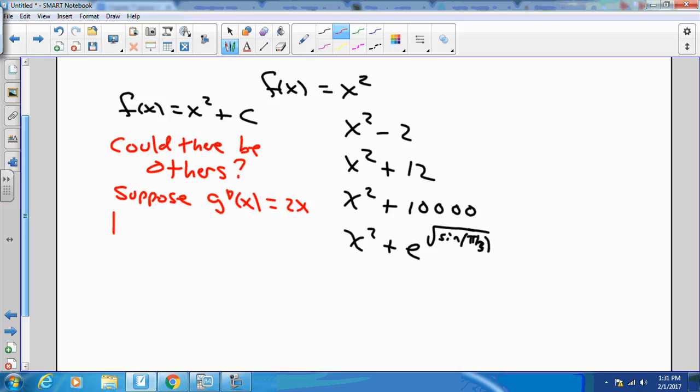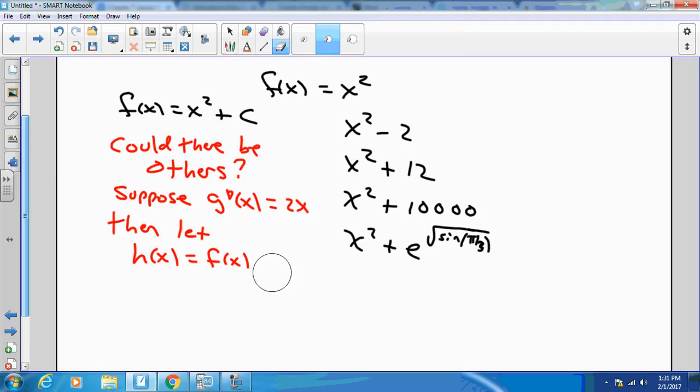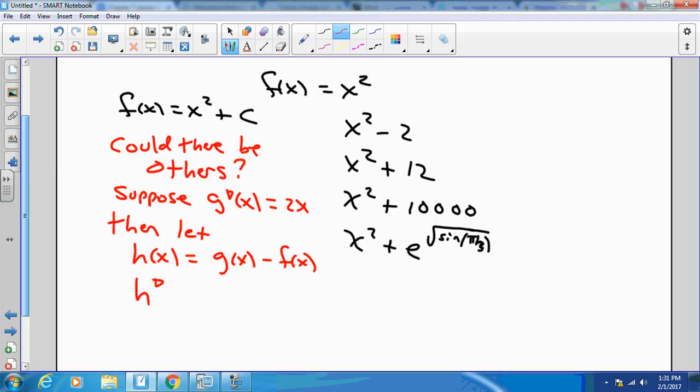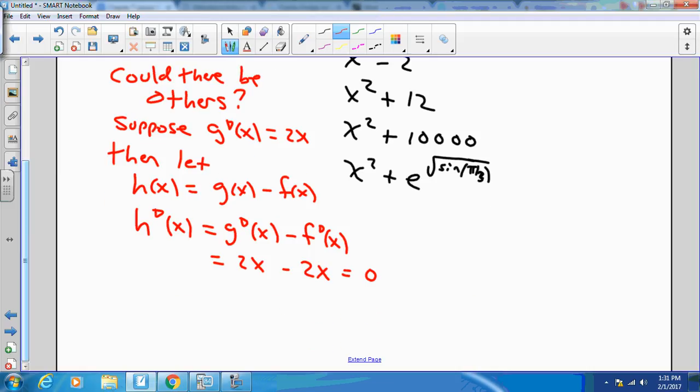Then let me subtract f from g, and we'll call it h. Actually, let me write it as g minus f. Okay? And let's find the derivative of h, which of course is g prime minus f prime. But g prime is 2x by hypothesis, and so is f prime, so that when I subtract g prime minus f prime, I get 0 for every single value of x.